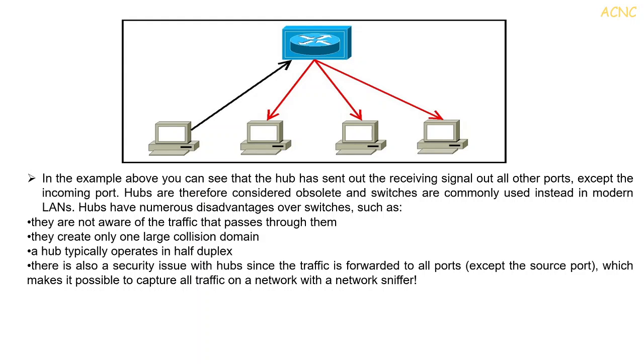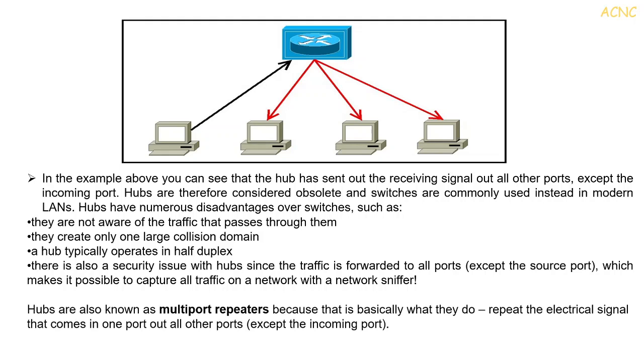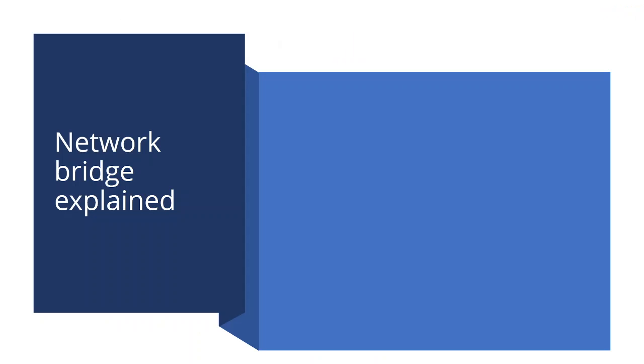There is also a security issue with a hub since the traffic is forwarded to all ports except the source port, which makes it possible to capture all traffic in a network with a network sniffer. Hubs are also known as multi-port repeaters because that is basically what they do: repeat the electrical signals that come in one port out all other ports except the incoming port.